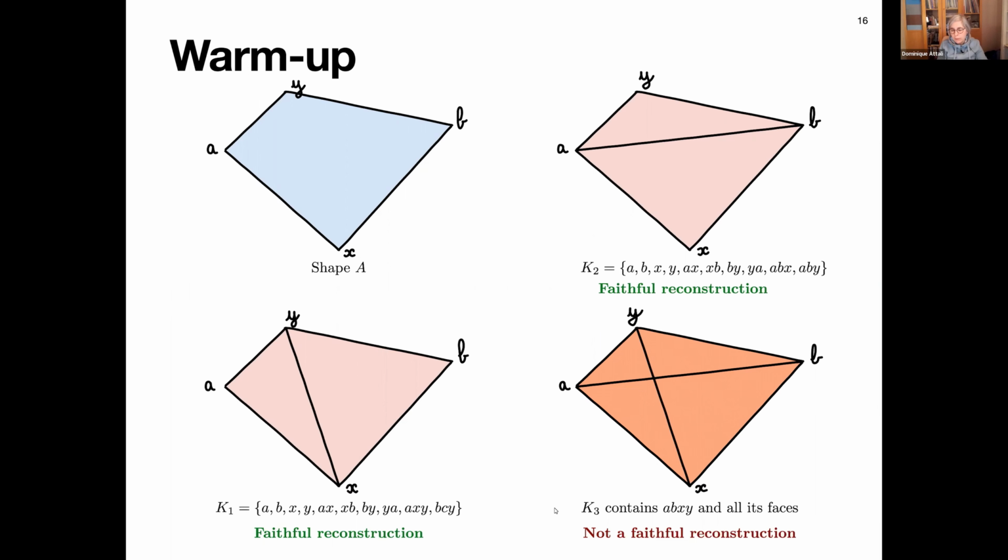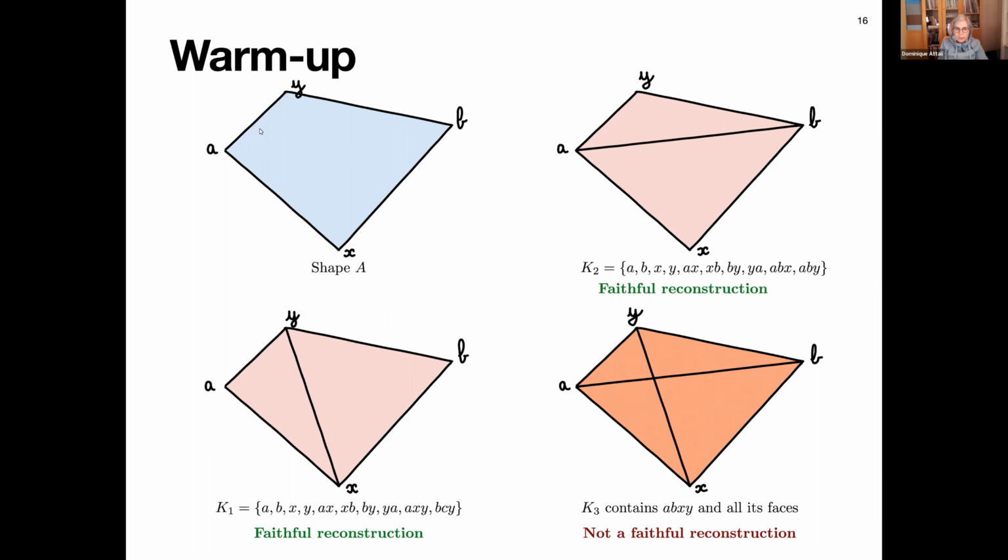And in this case, we don't consider it a faithful reconstruction because the tetrahedron is degenerate first. And even if it was not degenerate, by, say, moving the vertices in R^3, then the domain would be a tetrahedron, which would not be homeomorphic to the shape we want to reconstruct, which is a topological disk.